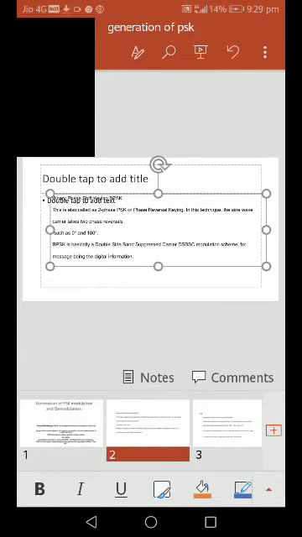Binary phase shift keying is basically a double sideband suppressed carrier modulation scheme for a message in digital information.